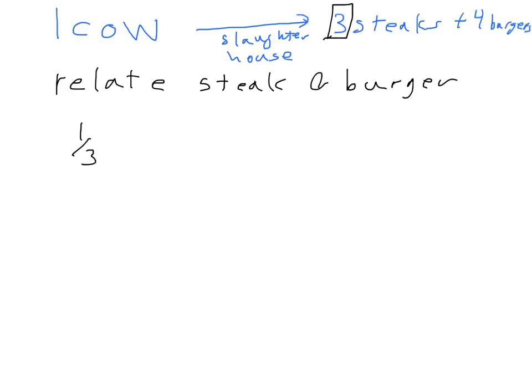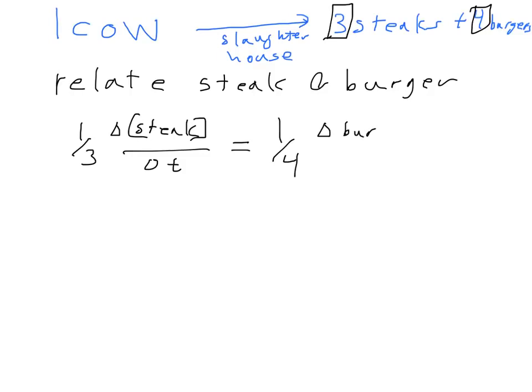So 1/3, make it my inverse, times my change in steak is equal to 1/4. I have a 4 there, so I change it into a fraction. My change in burger production over my change in time. And that's an easy way to always be able to take the relationship, is to take whatever you have here.